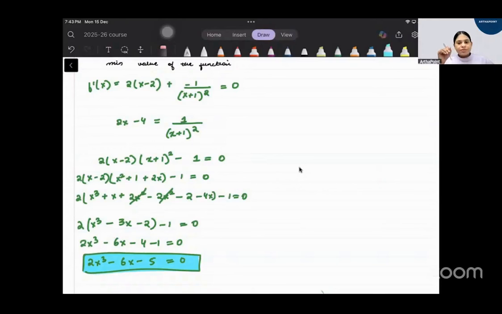Whatever answer you're getting, if it's root 2, then root 2, because I haven't solved it further.